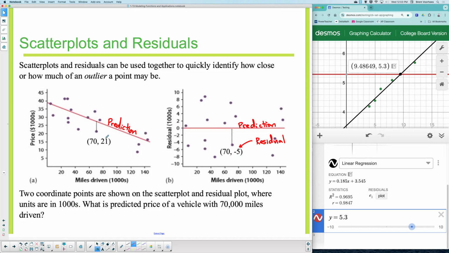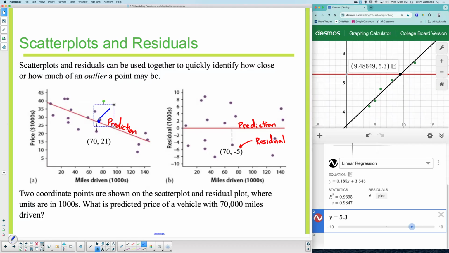So if the real value was 21 and it's 5 underneath, what was the predicted amount? What would the predicted amount be if I added a point right here on the line? What would be the coordinates of that predicted amount?